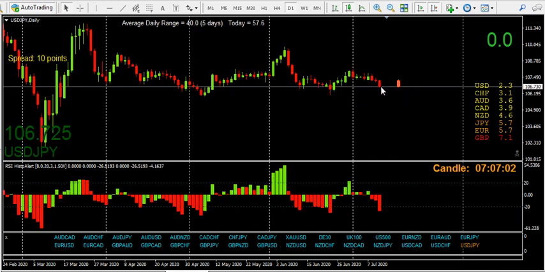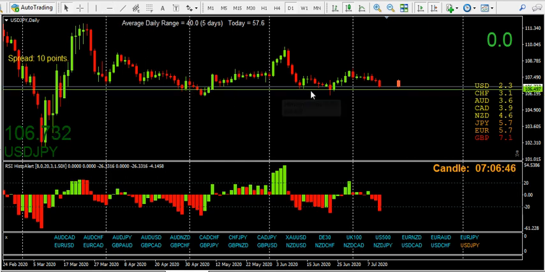I think UJ was one because, look, there's a big daily candle with no wick. Just because of that, it doesn't mean it's going to reverse, of course, but it's at a big old level of support and a battle area, if you like, here and here and here and here.